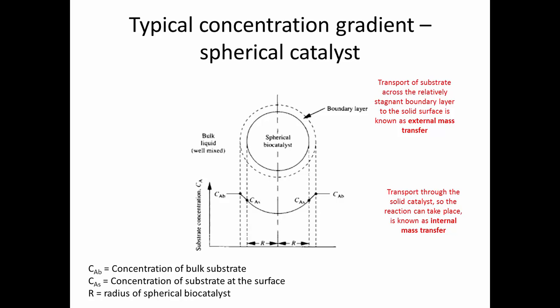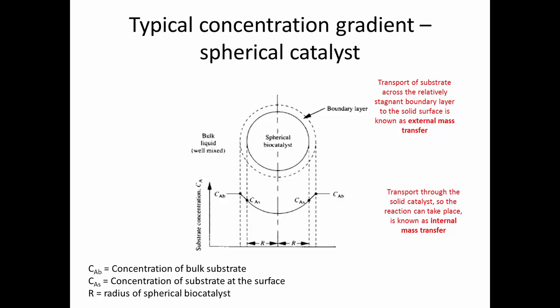So what do we think about when we think about concentration gradient? Namely, we're thinking about a spherical catalyst, these beads that I've been talking a lot about. And you have the concentration of substrate in a bulk liquid containing these beads that have the biocatalysts immobilized either on the surface or in the interior. And the concentration of substrate will vary in the bulk liquid as compared to in the catalyst itself.